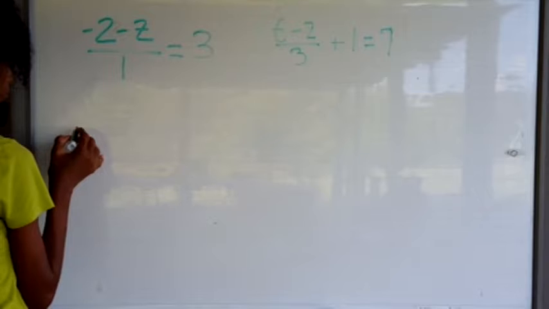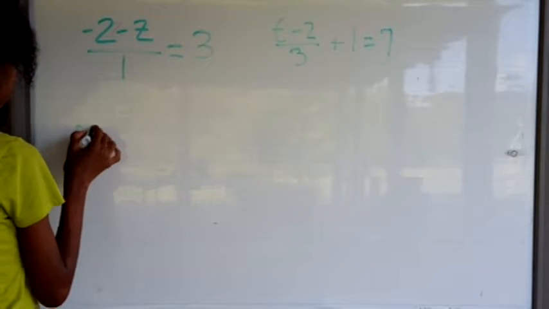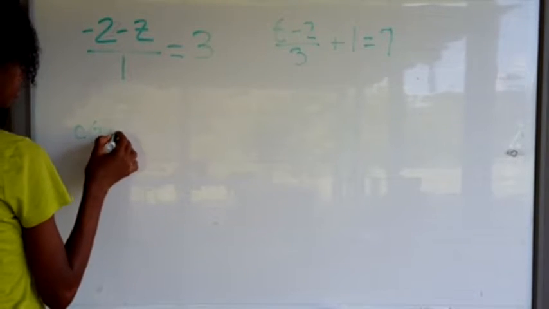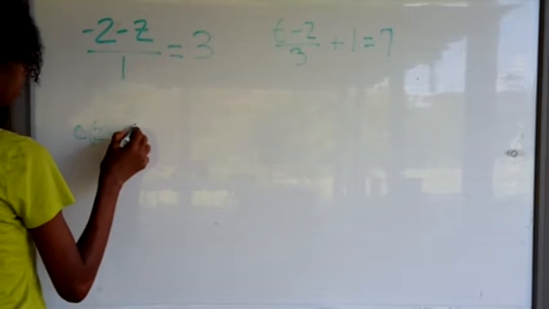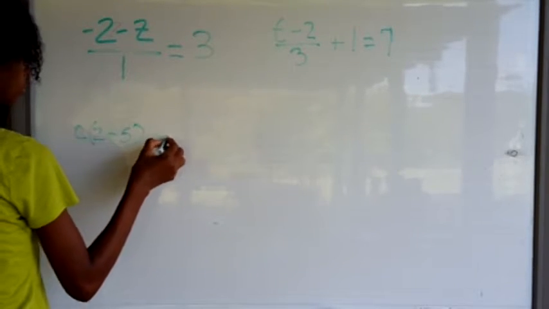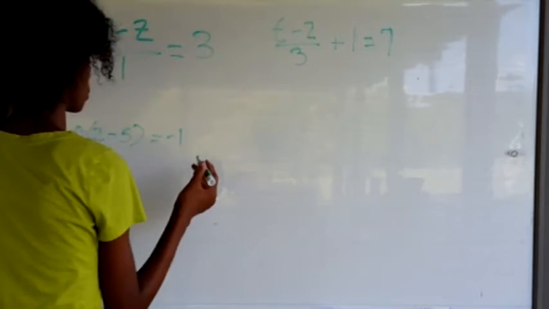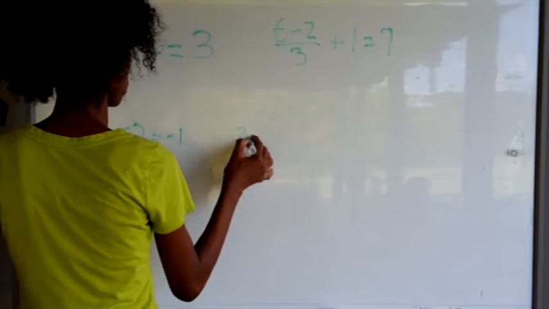Oh yeah. T minus 2 plus 1 equals 7. I can't see.